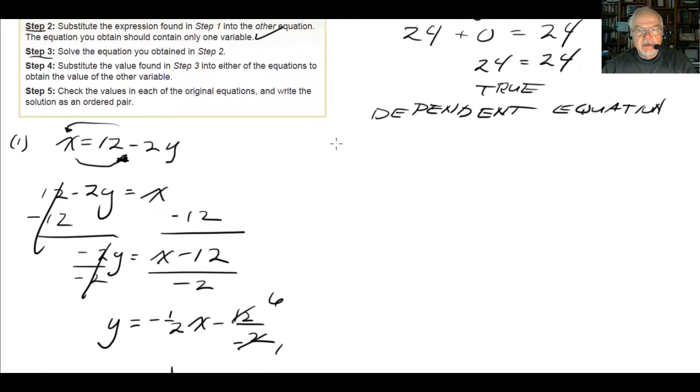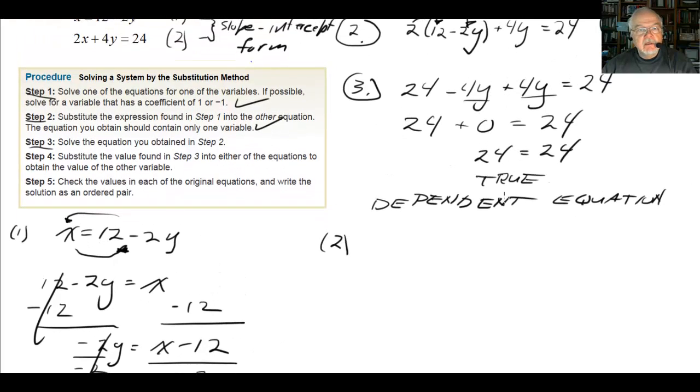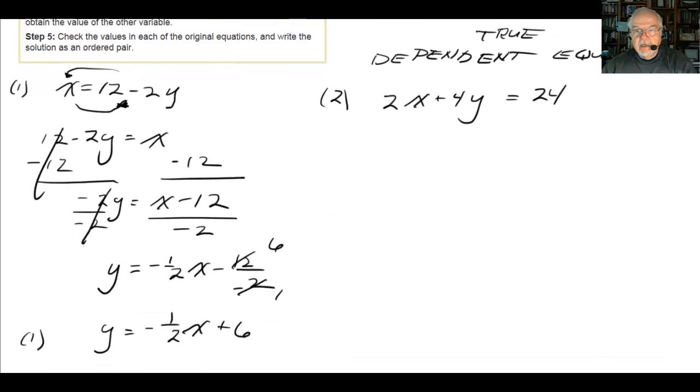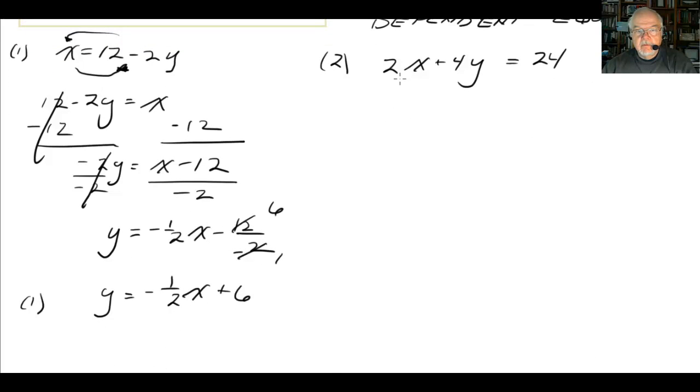Let's do equation number 2 in slope-intercept form. So we start with it in its standard form, 2x plus 4y equals 24. Okay, so we wanted to have y on the left-hand side, so we're going to move this over there by subtracting 2x. What happens?